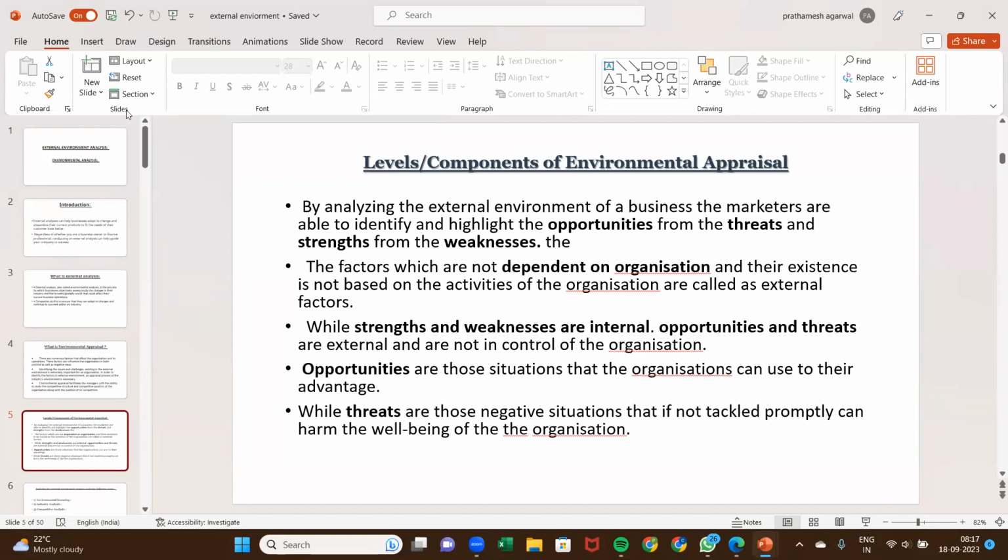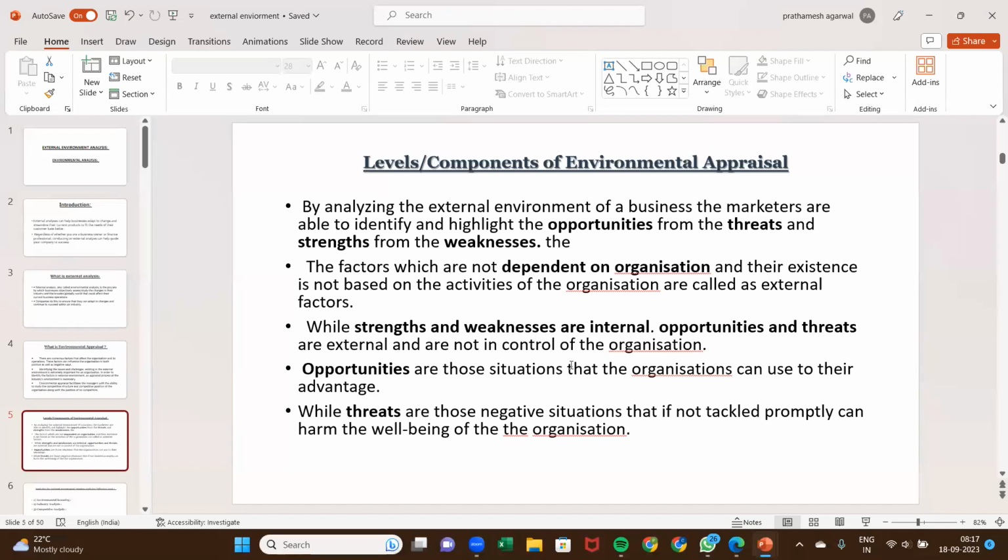Opportunities and threats, sorry, got a bad throat. Opportunities and threats are external and they're not in control of the organization. Are you getting? Strengths and weaknesses are in the internal of the organization, while opportunities and threats are external.